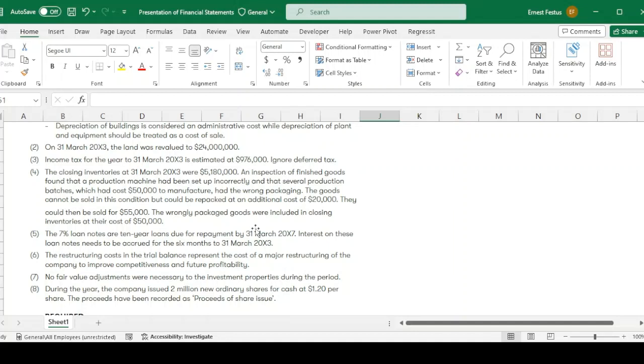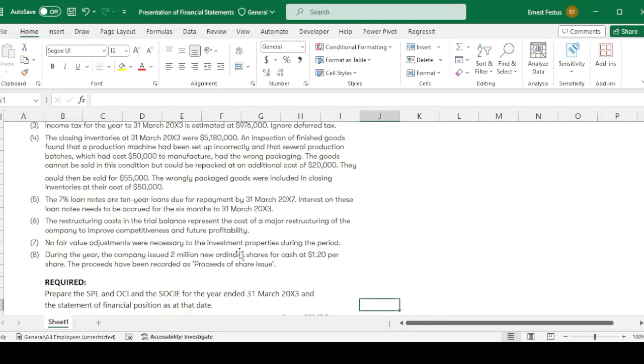Then we have a fifth piece of information. The 7% loan notes are 10-year loans due for repayment at 31st March 20x7. Interest on these loan notes needs to be accrued for 6 months to 31st March. Six: the restructuring costs in the trial balance represent the cost of a major restructuring of the company to improve competitiveness and future profitability.